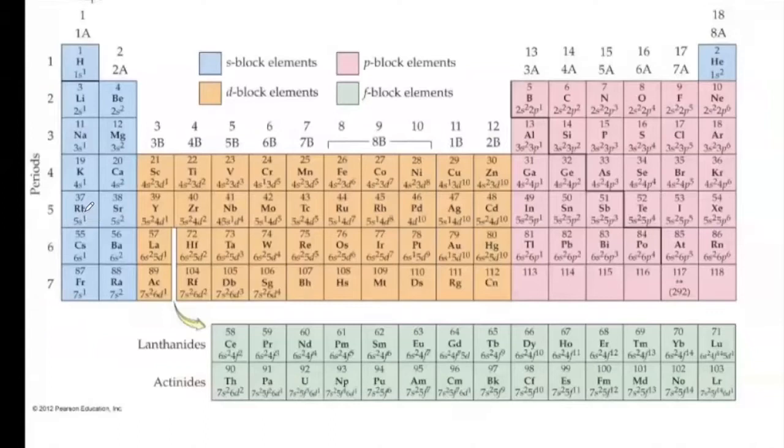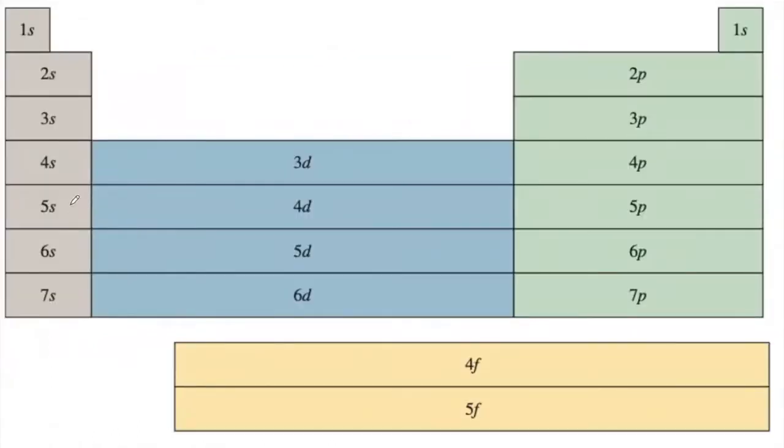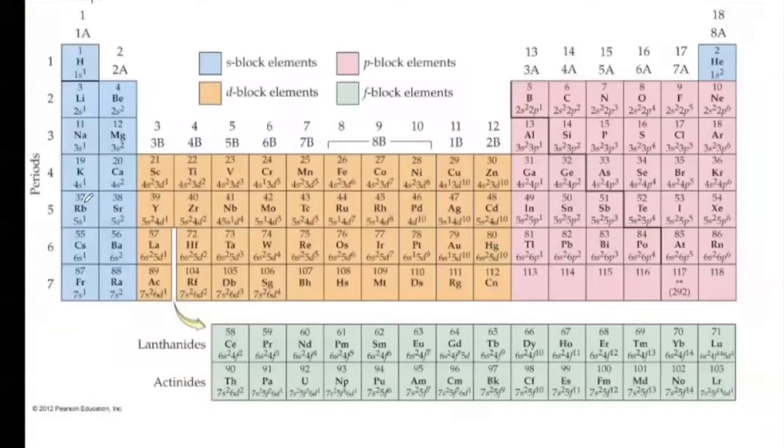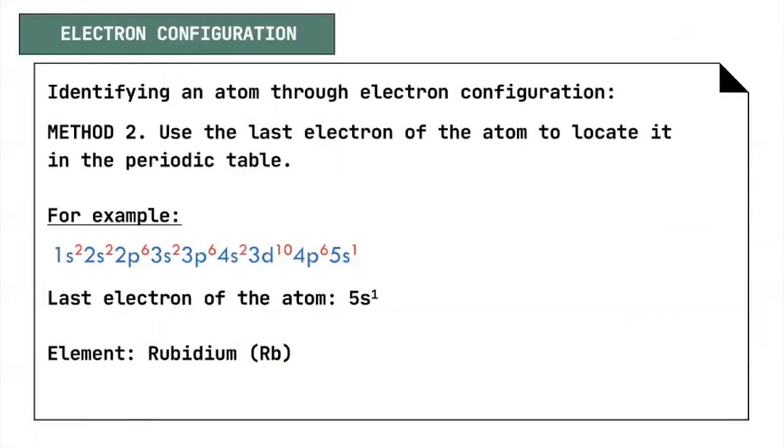So these are the elements that can accommodate electrons from 5s1 for rubidium up to 5s2 for strontium. Therefore, the element that we are finding would be rubidium.